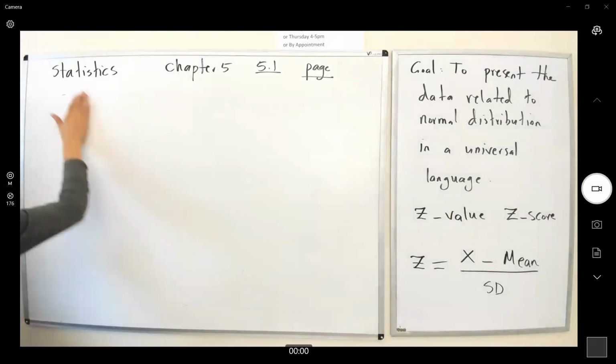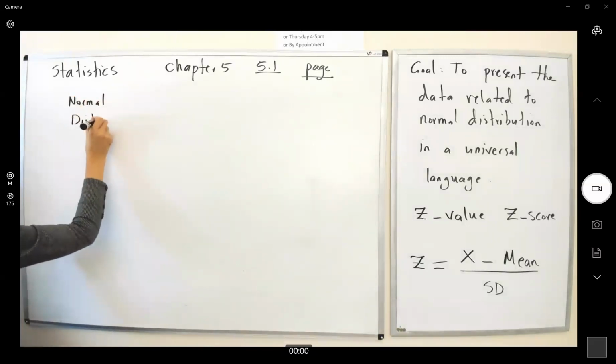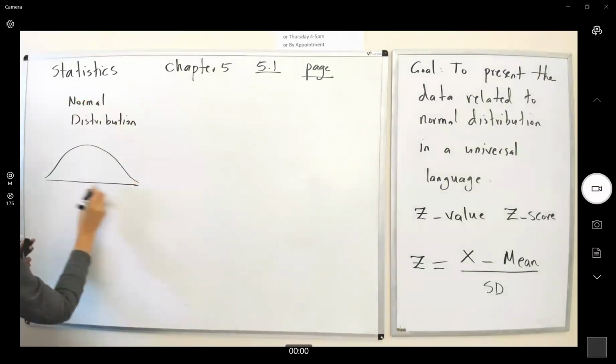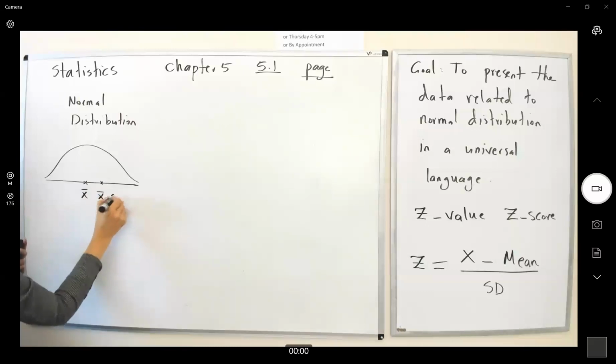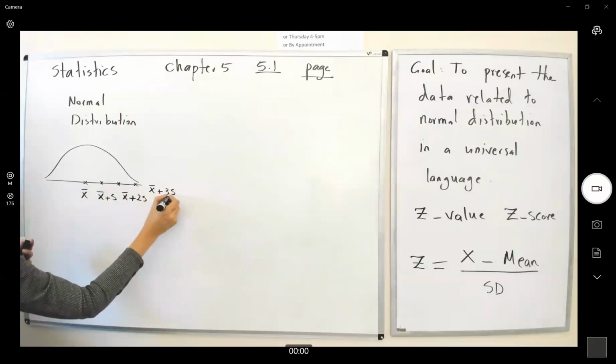Well, here you have a normal distribution. This is the graph of your normal distribution. The mean is in the middle. So I'm going to write down as, for example, x bar or mu, then x bar minus 1 standard deviation, plus x bar plus 2 standard deviation, and x bar plus 3 standard deviation.